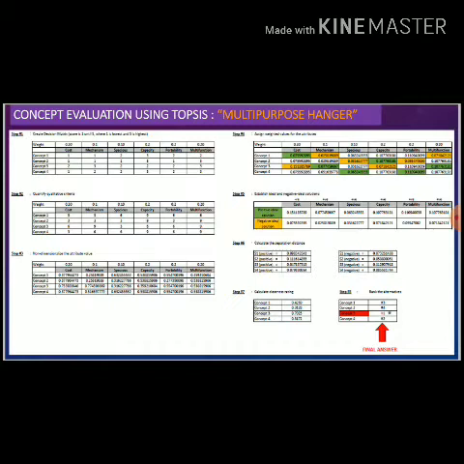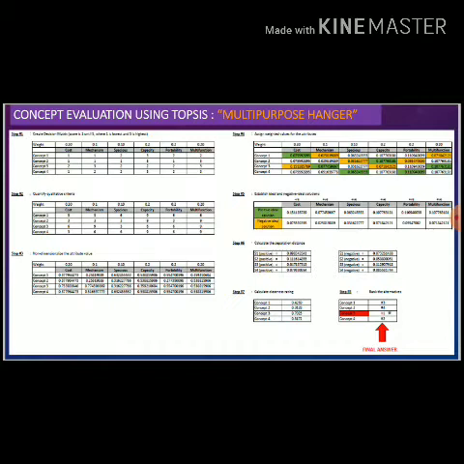We applied different weightages or different factors to different criteria, and in the next step, number 5, we have to establish the ideal solutions, which are the positive ideal and negative ideal solutions. In step number 6, we have to calculate the separation distance.